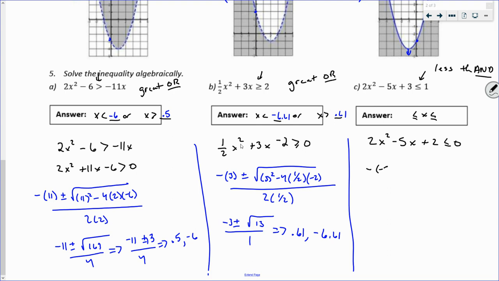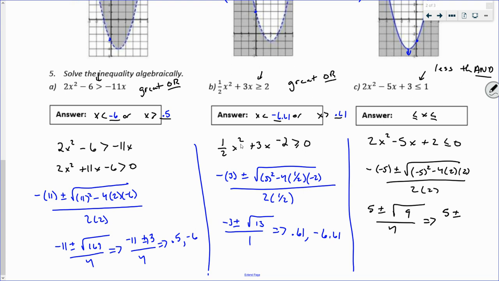So now negative b plus or minus the square root of b squared minus 4ac, all over 2a. 5 plus or minus, what's this discriminant? 9 over 4, so 5 plus or minus 3 over 4, which means I got 2 and 1/2 or 0.5, depending.